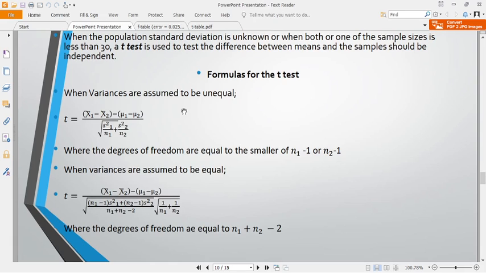The first step always is to test whether the variances are equal or not, and therefore the t-test has two procedures.